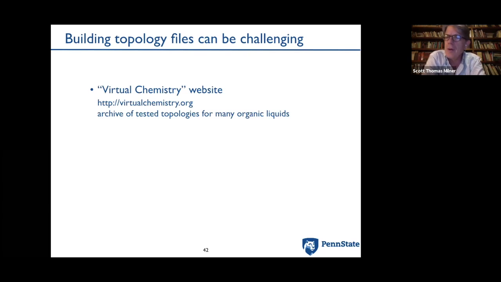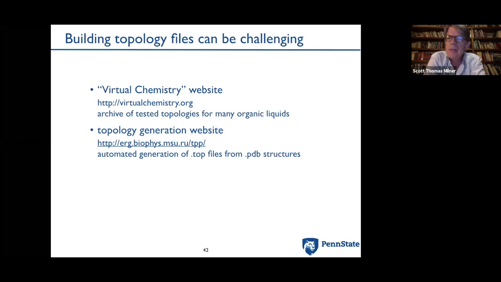One is you borrow. You hope that somebody has been interested in your molecule before. A very nice website, for example, is virtualchemistry.org, which has an archive of close to 200 different organic molecules with topologies that they've tested. They've simulated them as liquids, they've checked against the densities and stuff like that. And so they're pretty believable. It's a terrific resource.